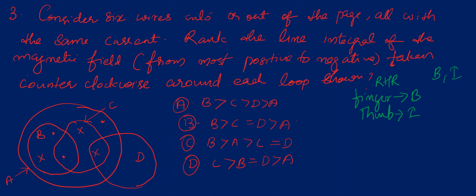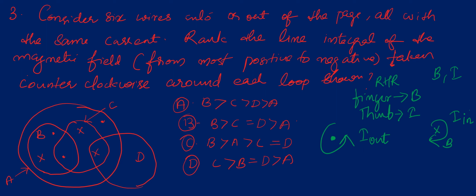If the magnetic field is in the counterclockwise direction, then current is coming out of the page, that means thumb is out. If the magnetic field is in the clockwise direction, that means current is going into the page.